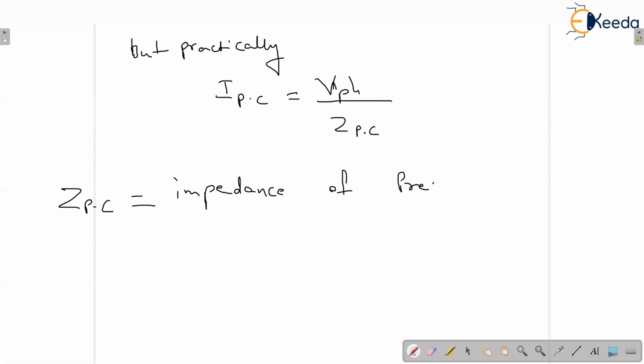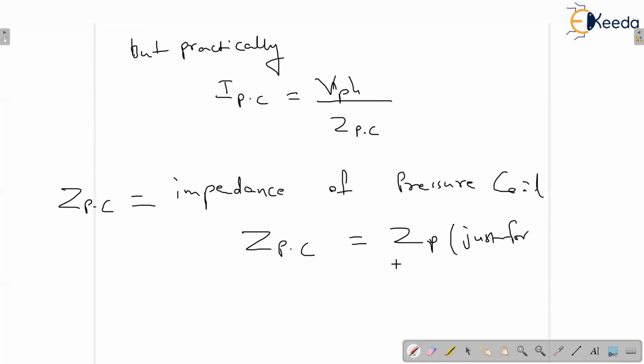From now onwards, I will represent the impedance of the pressure coil as ZP.